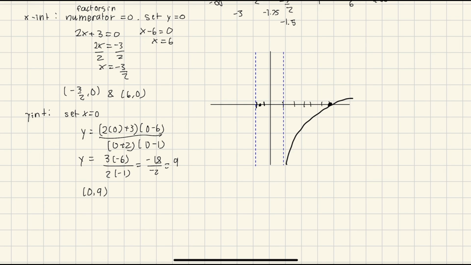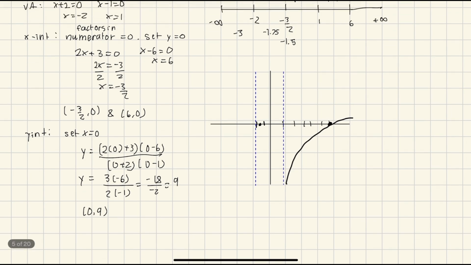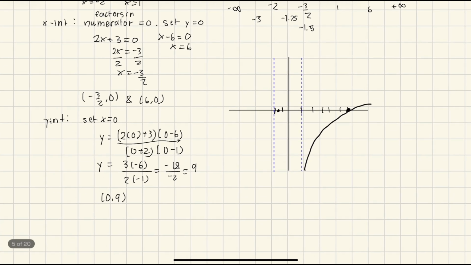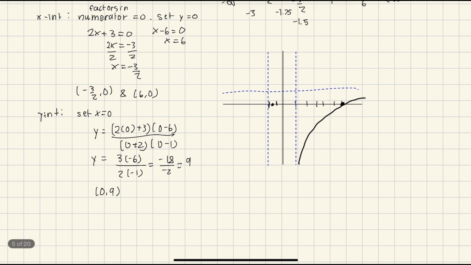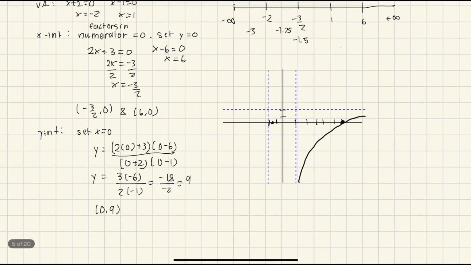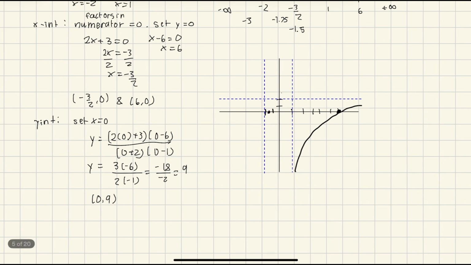And the reason why we stopped above there is that we have a horizontal asymptote at y = 2. And we also have a y-intercept at (0, 9): 3, 4, 5, 6, 7, 8, 9. So we can put that there.